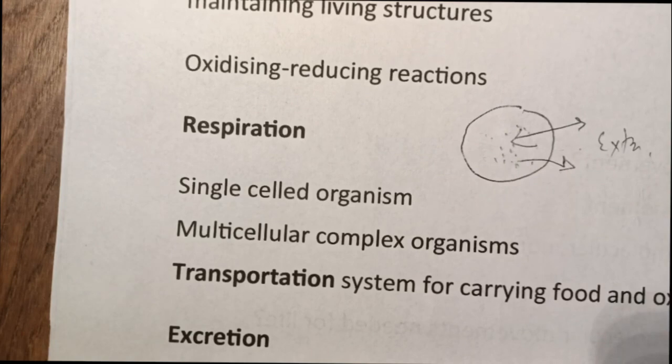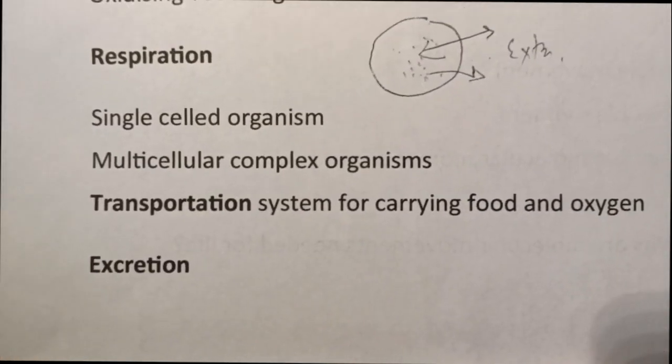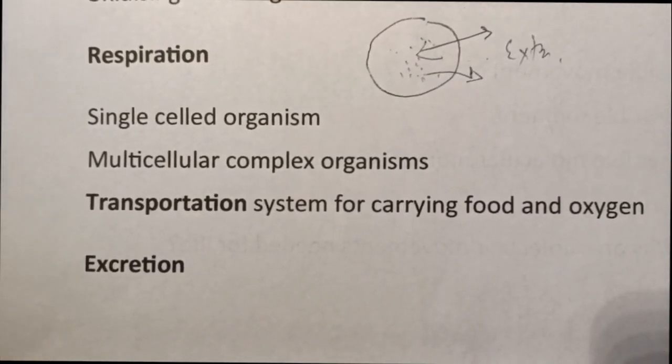But in case of multicellular complex organisms, they have specialized systems to carry out these functions, and all these systems are located inside the body of a complex living being like human being. So there is no direct contact between these systems, that is nutrition or respiration or excretion or transportation system, and the environment.